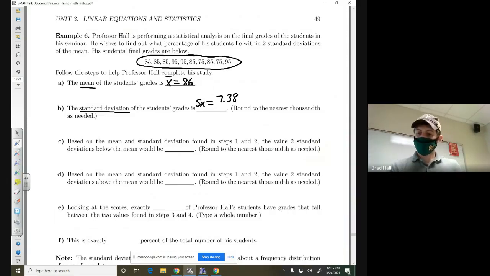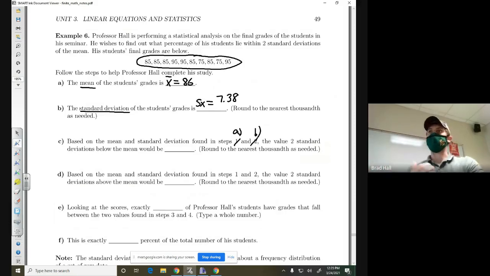So steps 1 and 2, technically it's A and B. The value 2 standard deviations below the mean. So 2 standard deviations below the mean. We talked about this a little bit before when we started off the section. We're going to go a little bit more in depth about how to find this here.